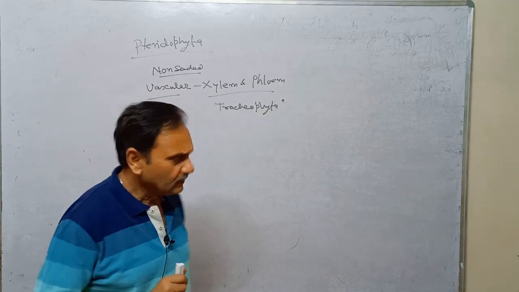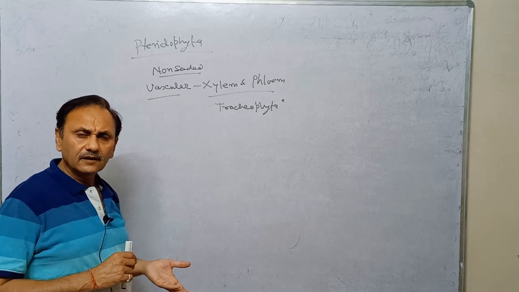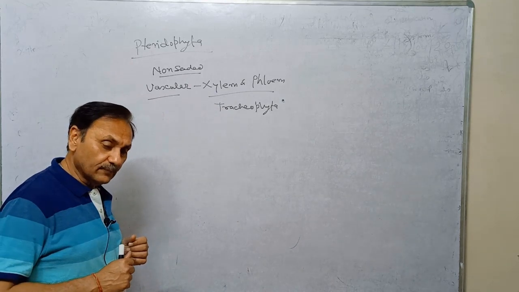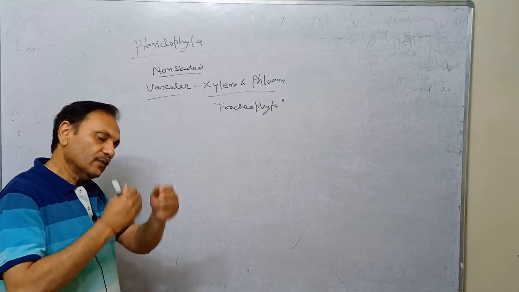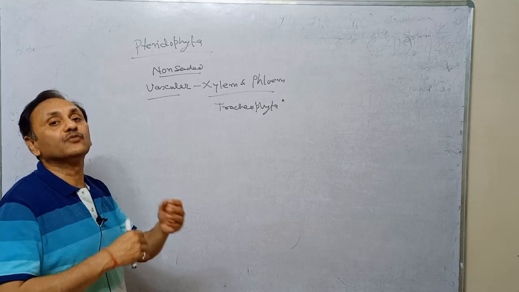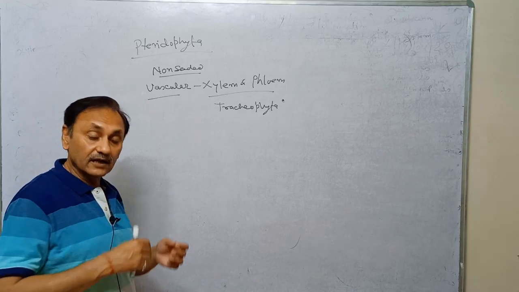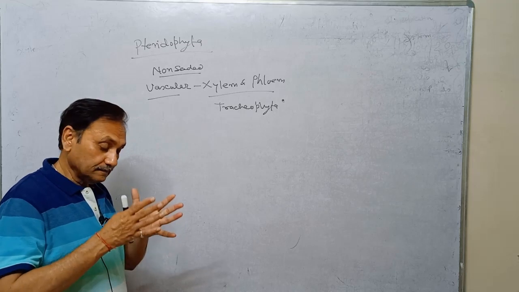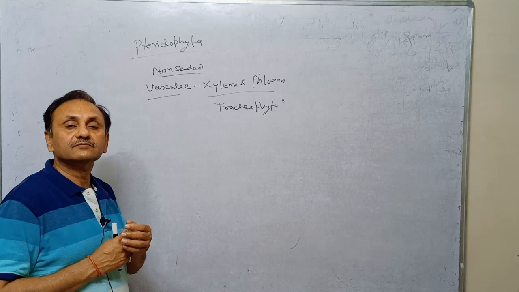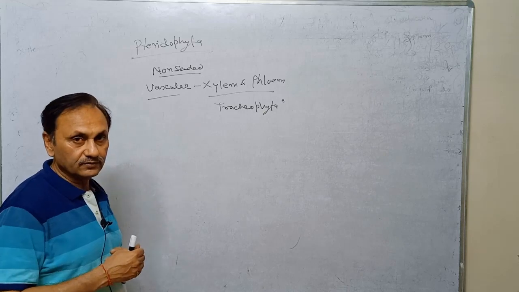In Bryophyta, we observe in the reproduction an alternation of generations, the sporophyte and gametophyte. Generally it has been observed that in bryophytes the sporophytes are dependent upon the gametophytes.